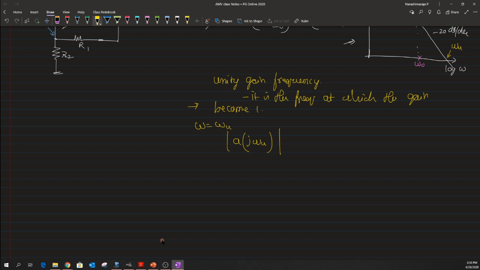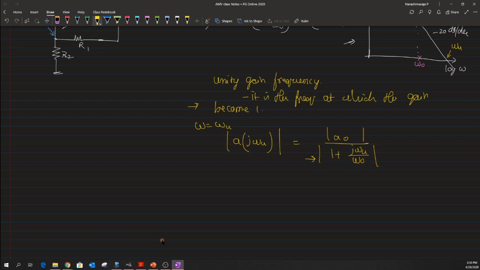So the magnitude can be written as the magnitude of A. Since it's a DC quantity, we can remove the modulus, whereas we have to put a modulus for this 1 plus j omega by omega naught.